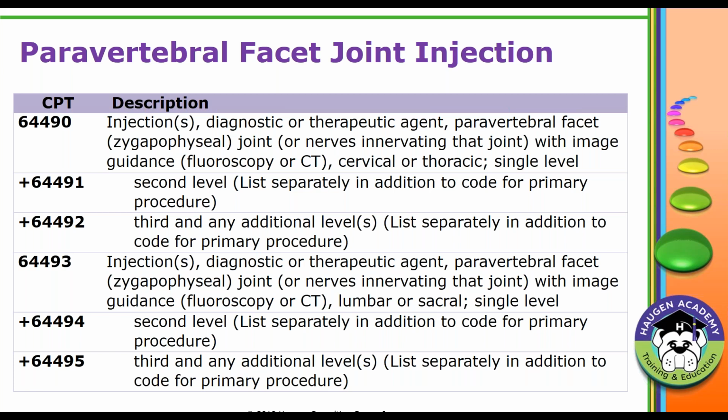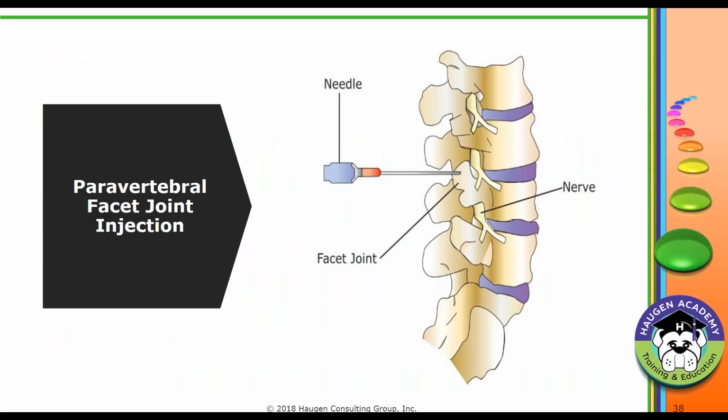In other words, overstimulate them and make them stand up. That's just kind of a fun fact when we think about these types of injections. And we have a picture next to illustrate that. There you see the needle going into that facet joint space and the nerve coming off the spinal cord.